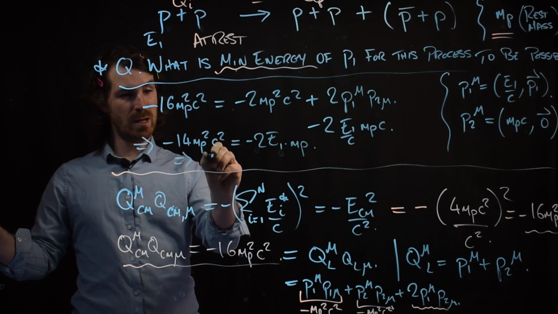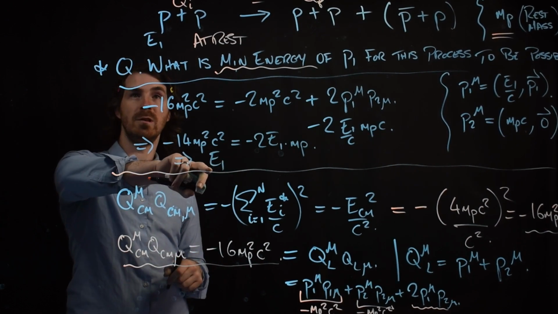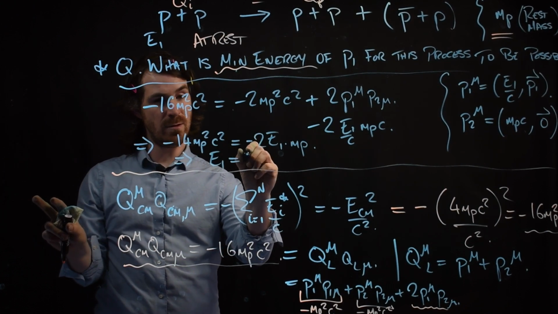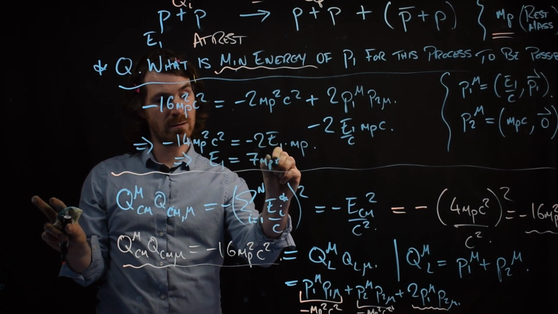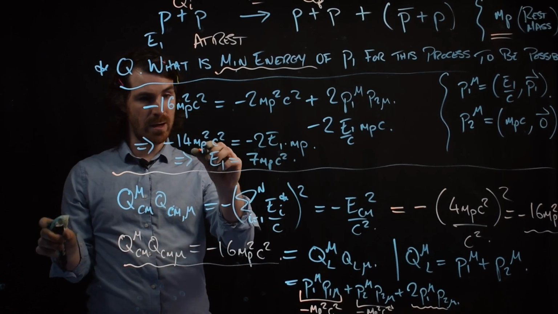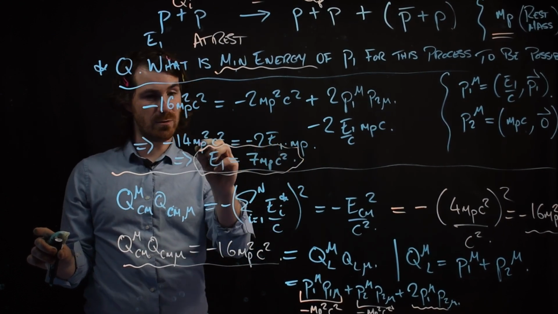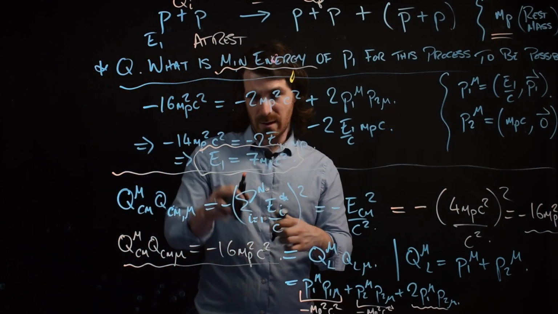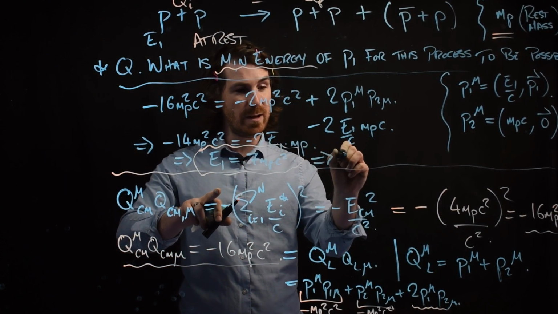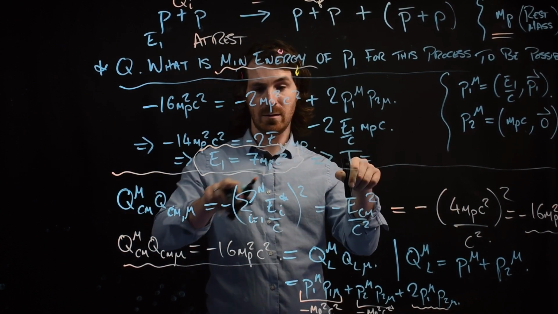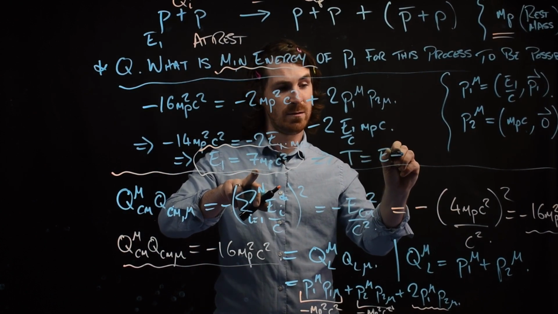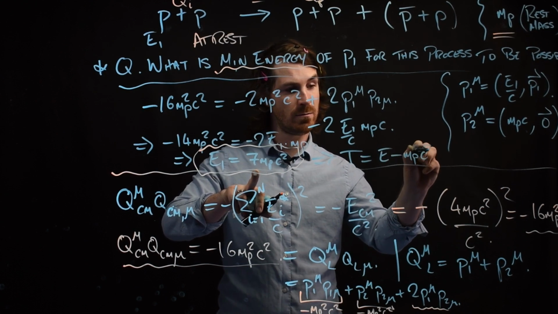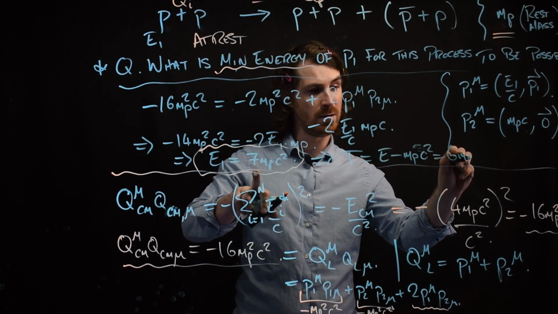Or E1, the minimum energy required, so that's the answer to the question, is 7 mp c squared. Okay, and energy is mc squared, so we've got the dimensions okay. So that's the minimum energy, and that means the minimum kinetic energy, T, is E minus the rest mass energy, mp c squared, which is 6 mp c squared.